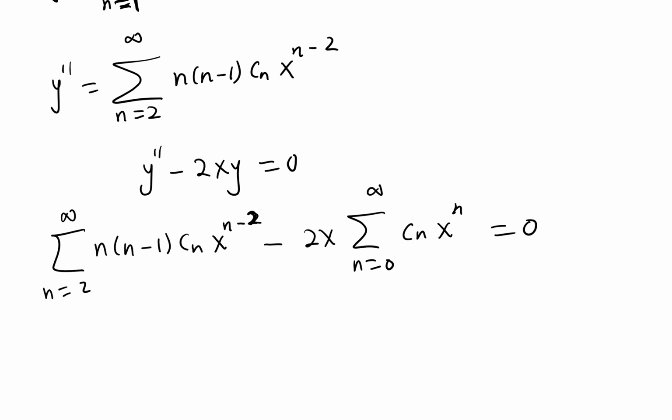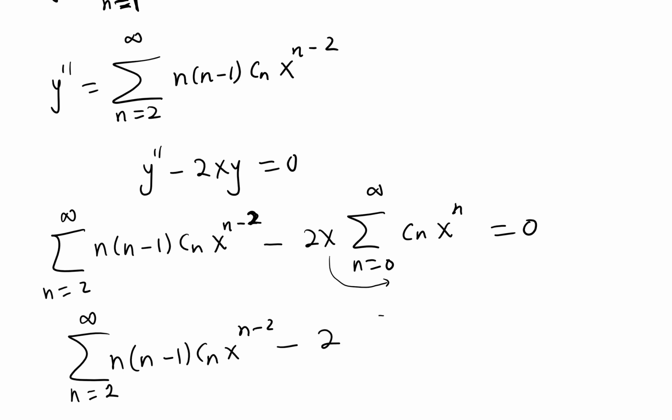What are we going to do next? We can move the x inside. The sum is independent of x, it depends on the n's. So we have the sum of n times n minus 1, c_n x^(n-2), minus 2 times the sum from n equals 0 to infinity of c_n x^(n+1).